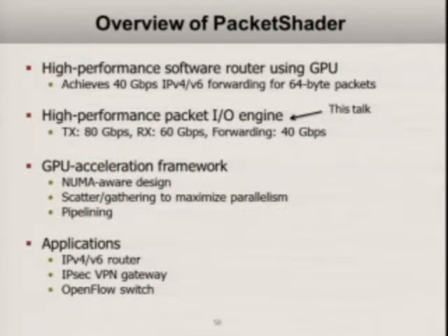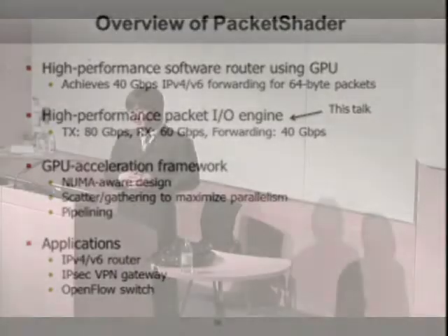So we came up with how GPU can help in this case, and based on that idea, we made PacketShader. PacketShader is a high-performance software router exploiting GPU. It achieves 40 gigabits per second of IP version 4 and version 6 routing in a single server for 64-byte packets.